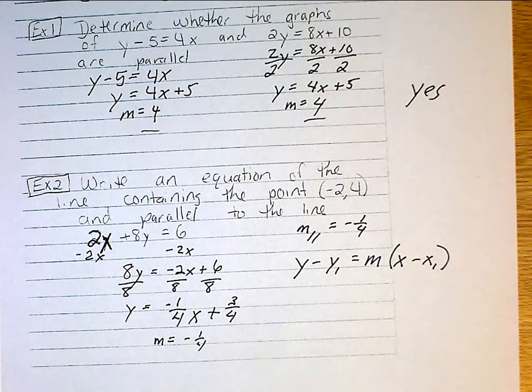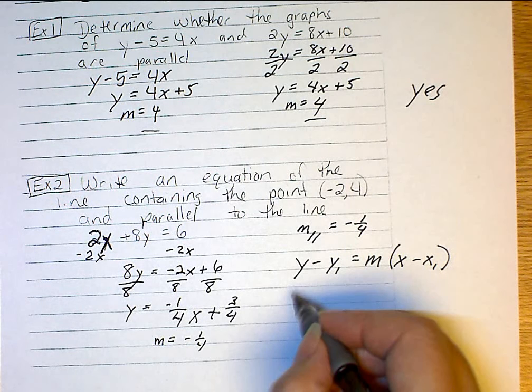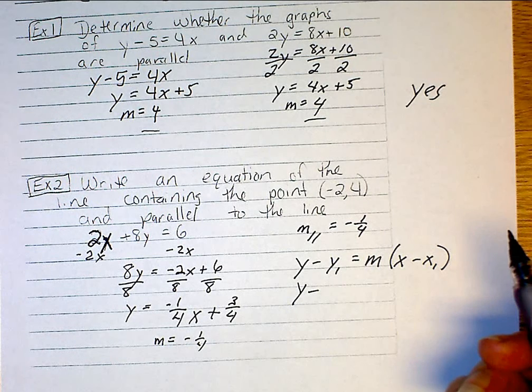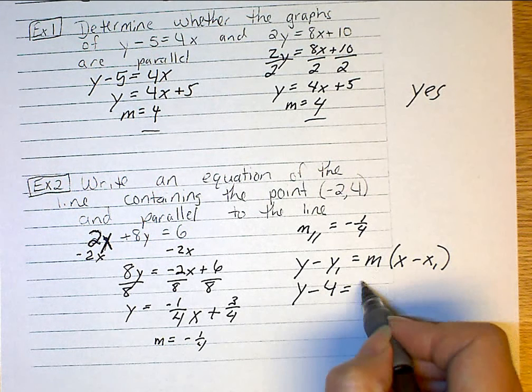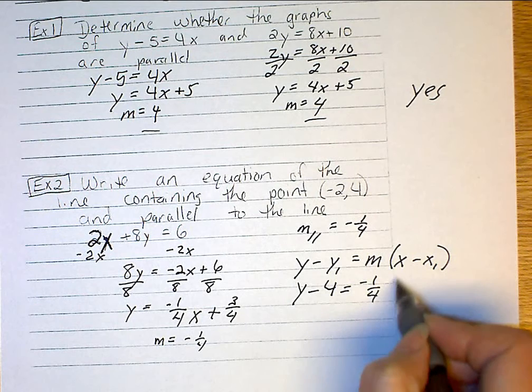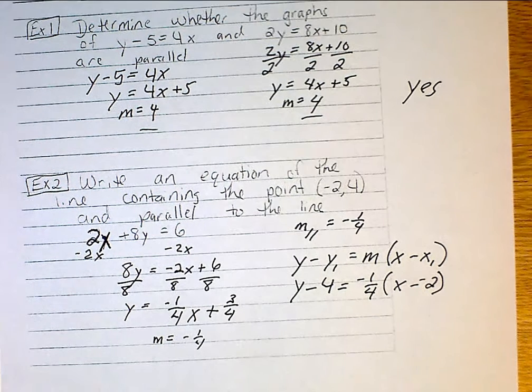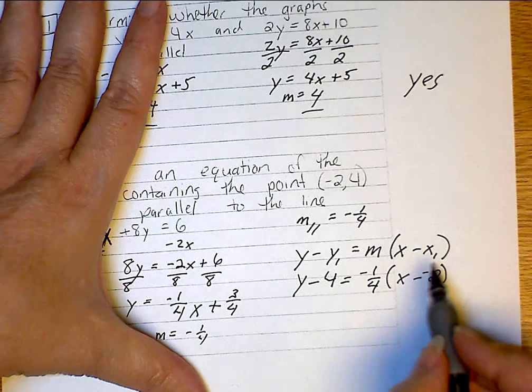Alright, so the first thing we want to do is plug in our point. So I have y minus, what's my y1? 4 is equal to m, what's m? Negative 1/4 times x minus a negative 2. Which changes this into a positive because we have a negative and a negative.